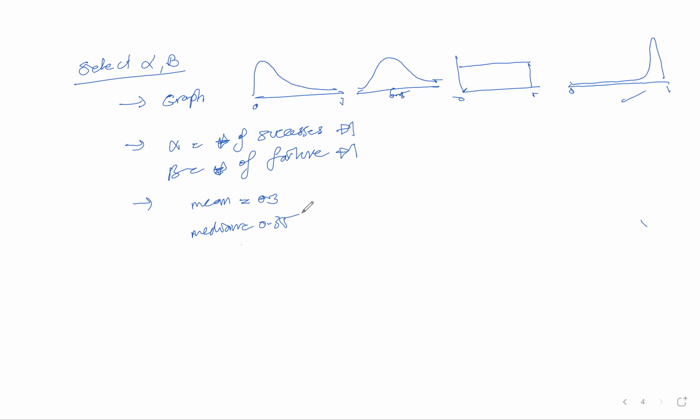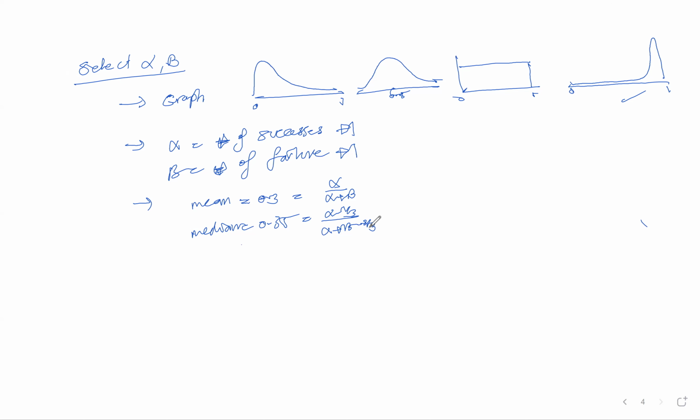If this is your belief, you know the formula for the mean and the formula for the median. The mean is alpha divided by alpha plus beta. The median is alpha minus 1/3 divided by alpha plus beta minus 2/3. So you solve these equations and you get alpha and beta that match your beliefs about the parameter.